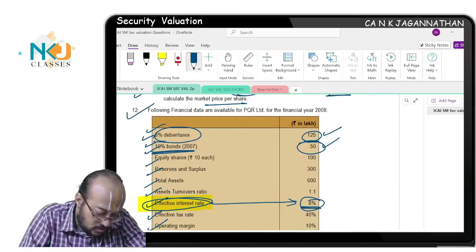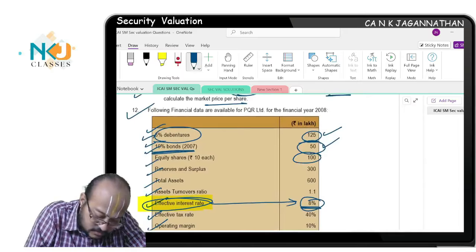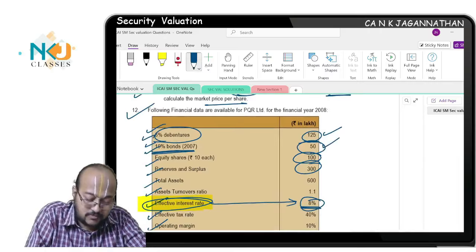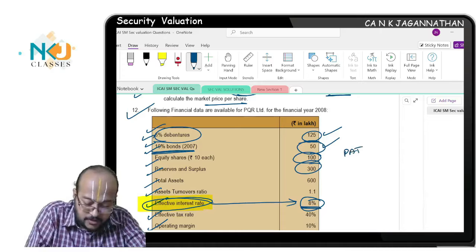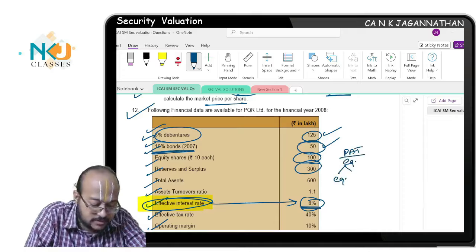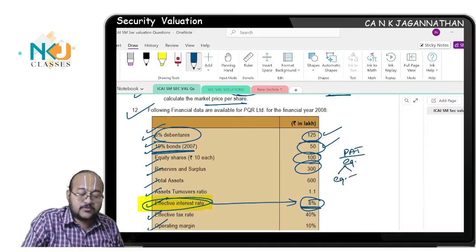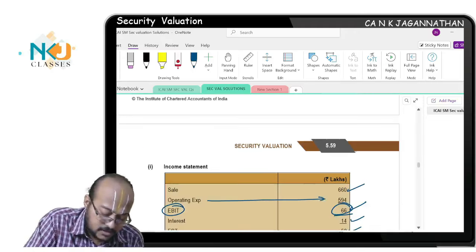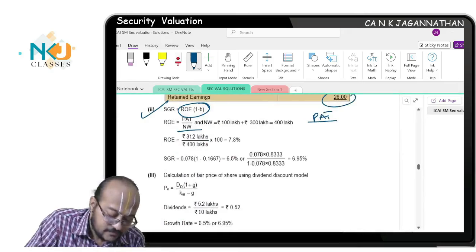Return on equity, you will consider these two items. How is return on equity computed? Very simple: PAT divided by equity. Simply I call it equity, whereby equity share capital will be considered and reserves and surplus will also be considered. So 100 plus 300 they will consider. 400 is the denominator.